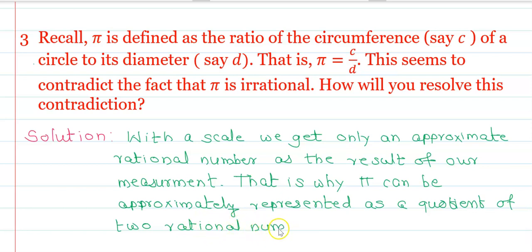Rational. Okay. Because pi is the ratio of circumference upon diameter.